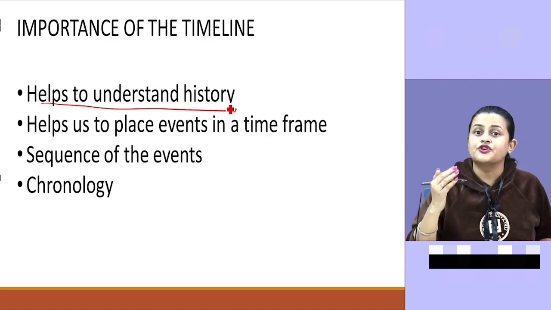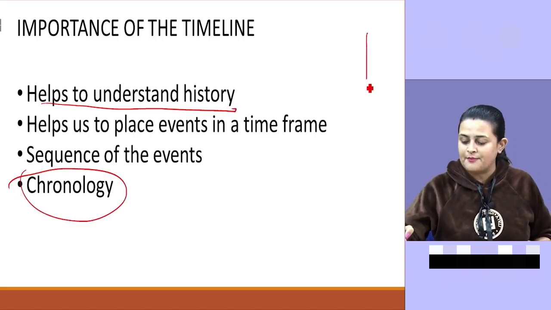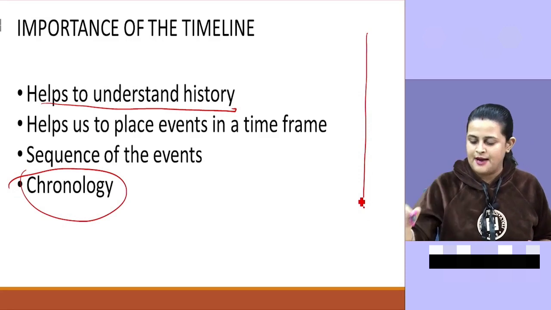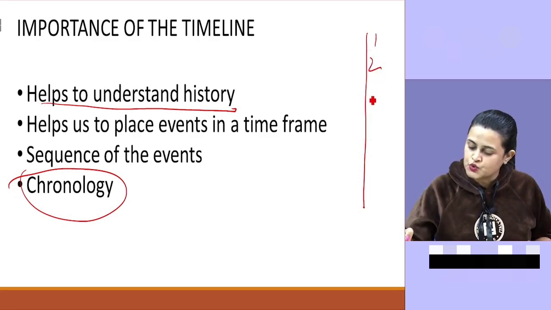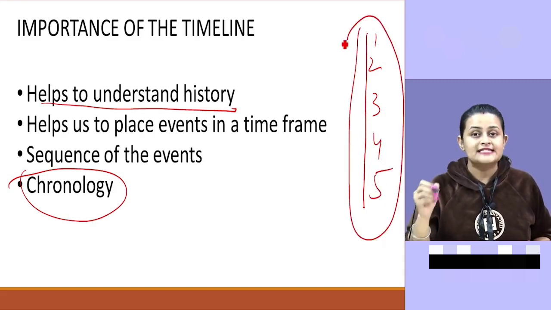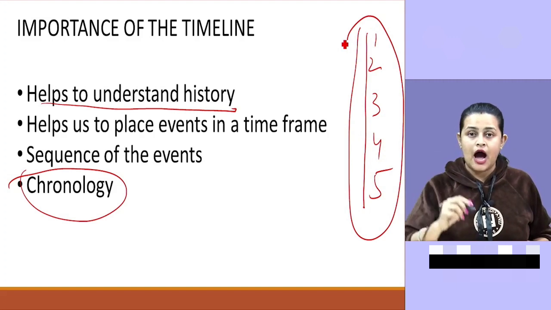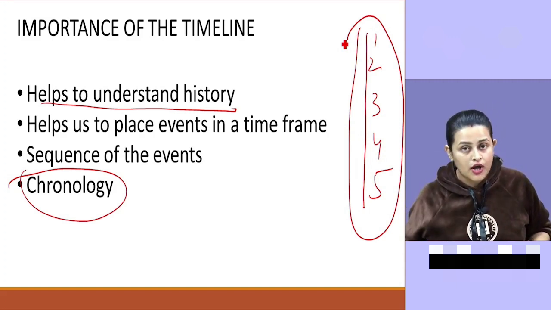Now, what does chronology mean? Chronology means something which comes in a sequence. For example, when you study mathematics, you will study 1, 2, 3, 4, 5. So this is what we call a sequence. This is how we understand history also. It is called chronology.